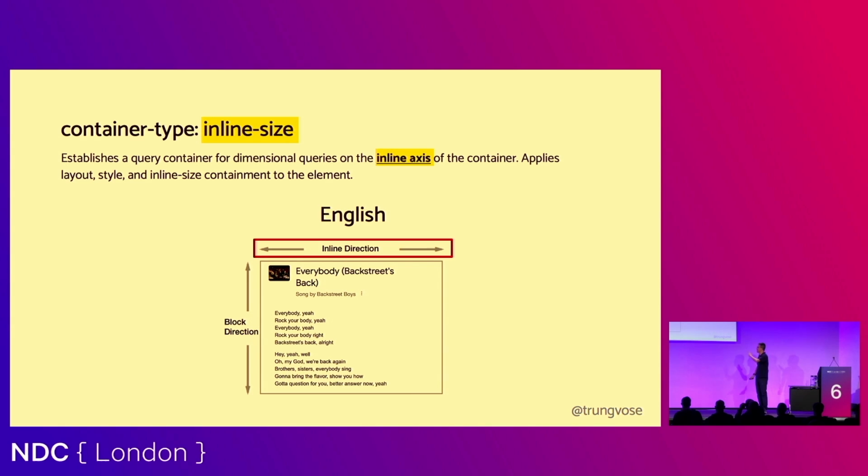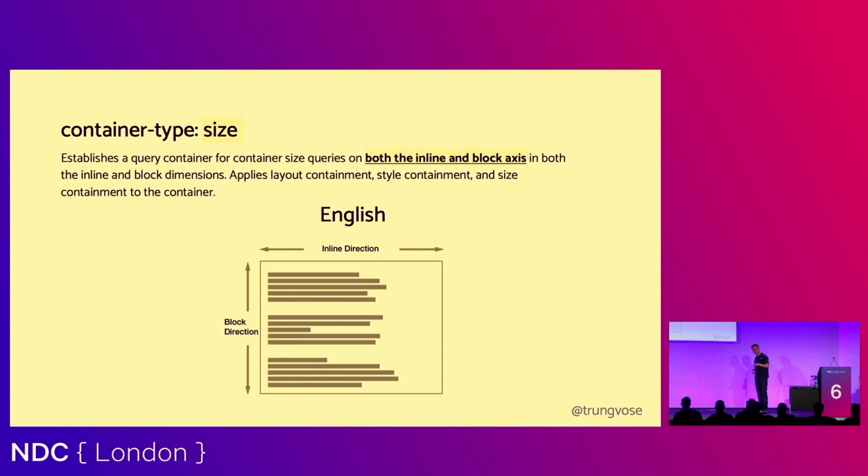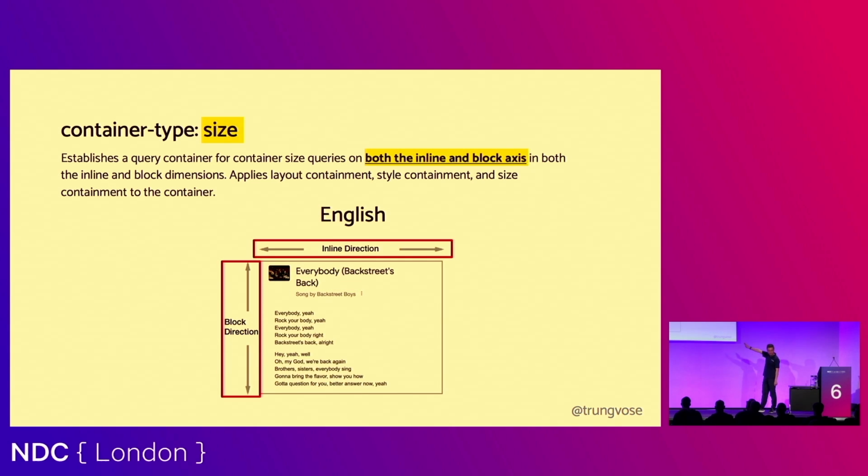I'm not good at explaining this, but just think about inline-size as the width. And then size is both width and height. So if you want to query the height, you need to put the container as container-type size. If you only want to query the width, you just do container-type inline-size.